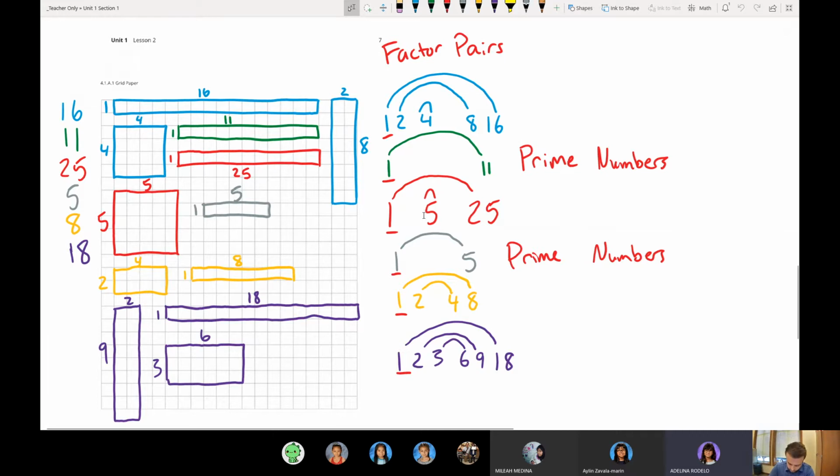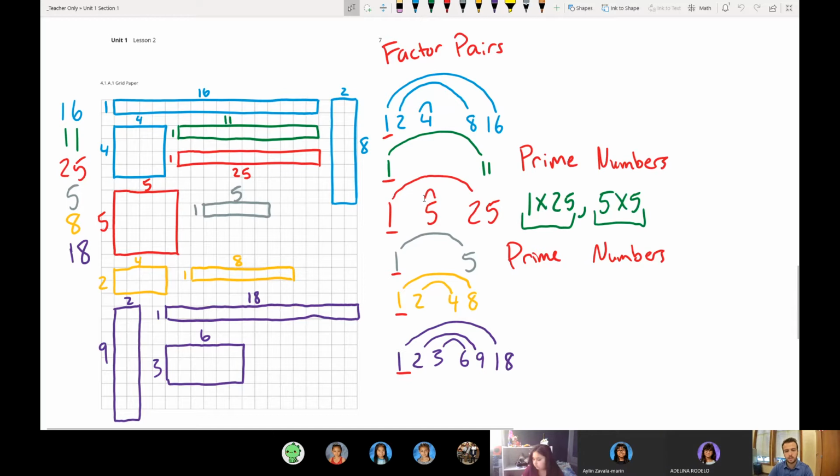Yeah, that's true. Because we have 1 times 25 and 5 times 5. So those are 2 options here. So if those are our 2 options, how many factor pairs are there? 2. We can also notice that there's only 2 arcs on the rainbow, right?